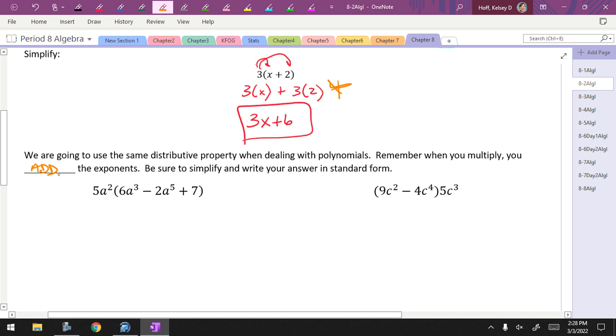When you're multiplying, you multiply your coefficients like normal, but then you keep the base of your power and then add the exponents together. Be sure to simplify, combine any like terms that you can, and write your answer in standard form.